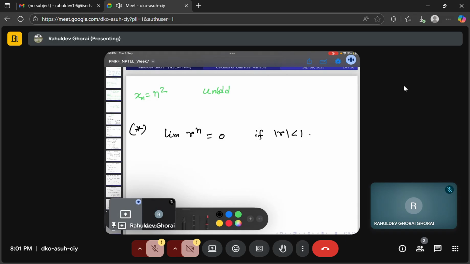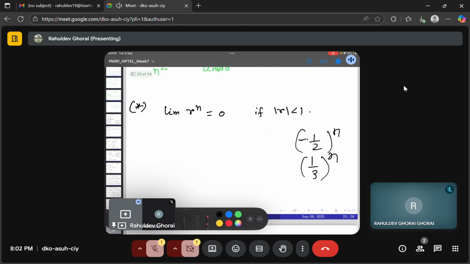Okay, so how do we show this? What that's saying is that minus half to the power n, half to the power n, 1 by 3 to the power n, whatever this type of smaller numbers, will converge to 0. This is not true when r is equal to 1, where the limit will be 1, and for 2 to the power n, it diverges, unbounded.